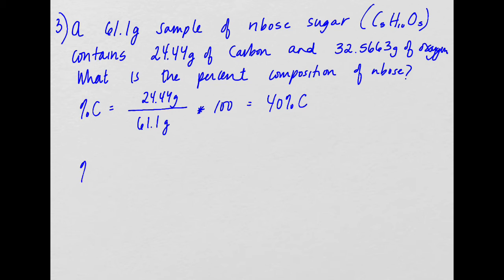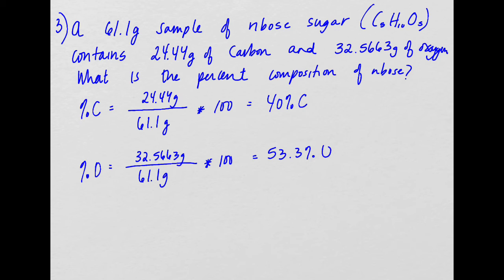Now let's find the percent oxygen. We have 32.5663 grams of oxygen divided by 61.1 grams of ribose altogether times 100 gives us 53.3% oxygen.